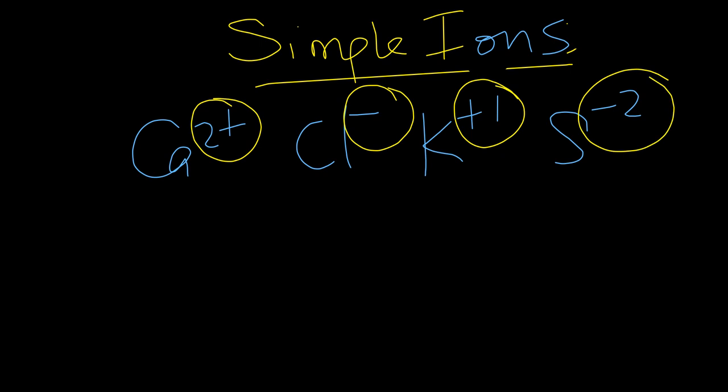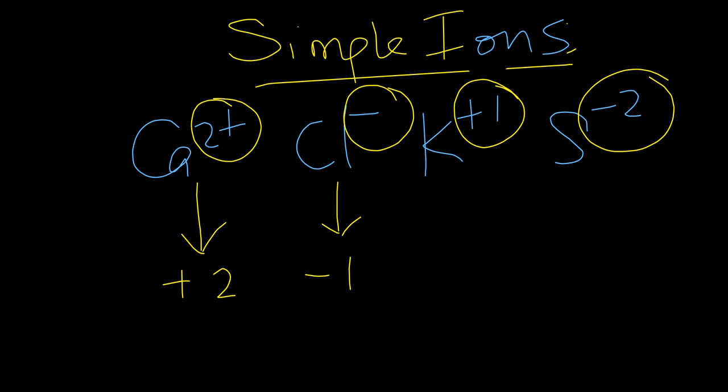These ions have oxidation numbers and their oxidation numbers are always equal to the charge on them. So in the case of calcium, its oxidation number will be positive 2. For chlorine ion, sorry, its oxidation number will be minus 1.